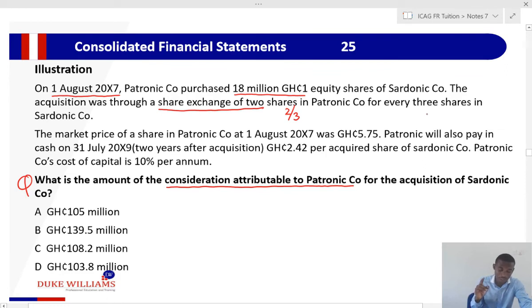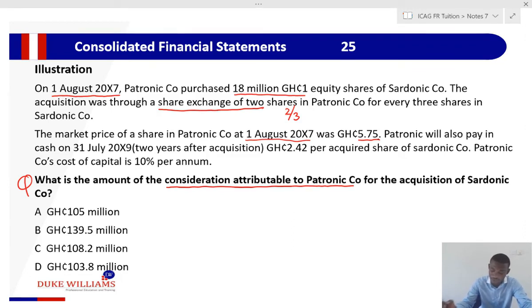So look at it, 2 over 3. If it is 5 for every 10, it will be 5 over 10 in that order. So we have a share exchange. Now the market price of the share in Pantronic at 1st August, which is the date of acquisition, was 5.75, and we need the market value to determine the value of the shares.